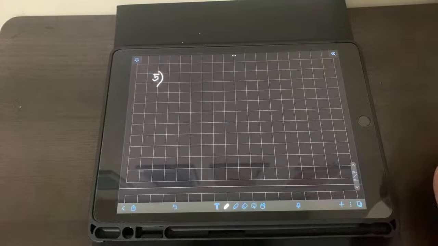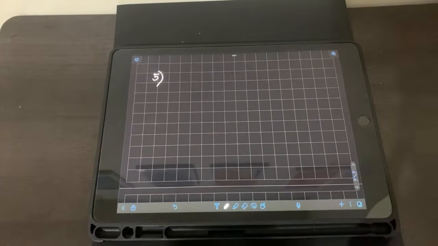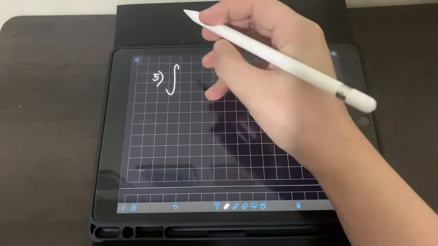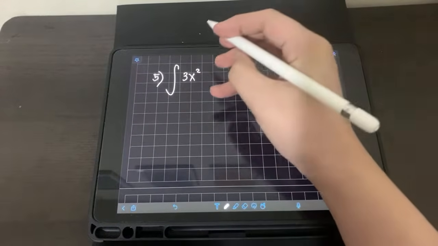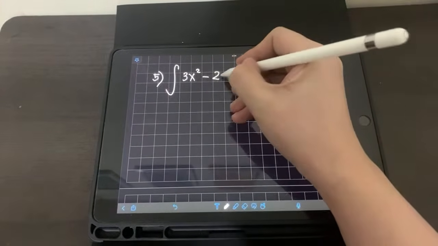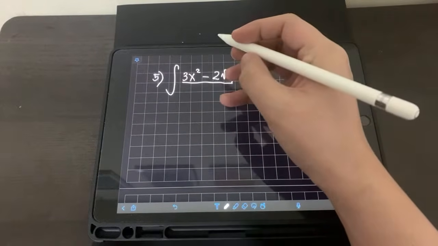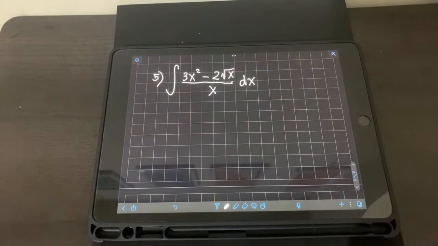So, kung nagtitake kayo ng integral calculus, so, magagamit nyo to. Integral of 3x squared minus 2 square root of x divided by x dx.